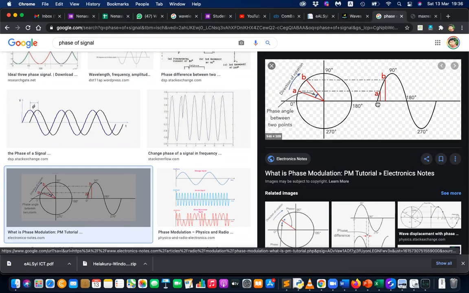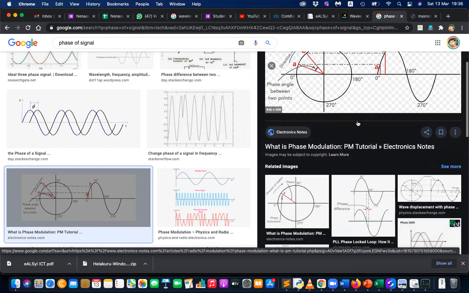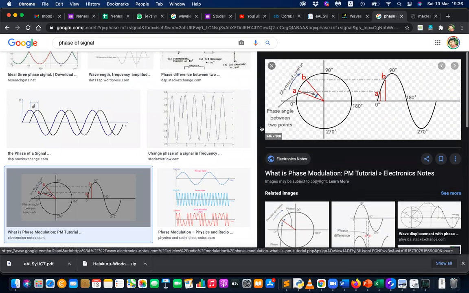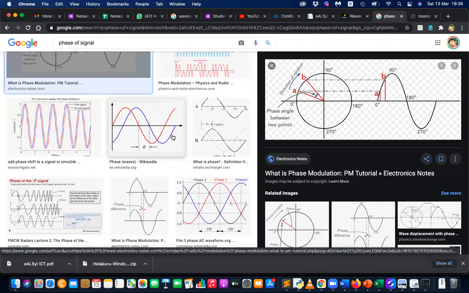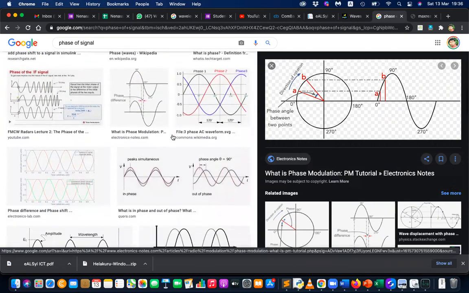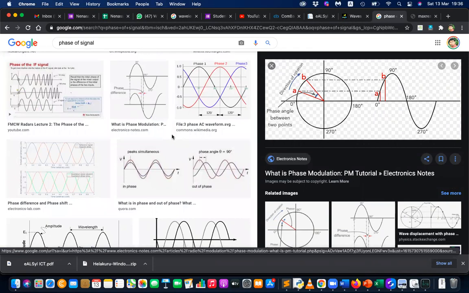From here to here, it is 90, here to here another 90, here to here 270, here to here another 90. So the gap between two waves is measured using pi. Here the gap between our waves is, as you said, 90. That is the phase difference, right?